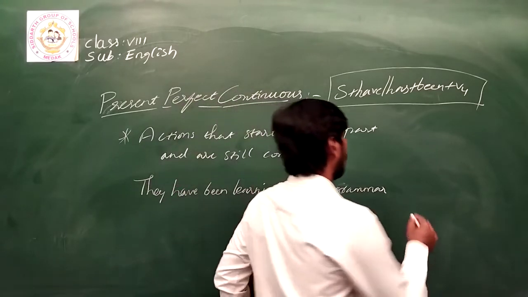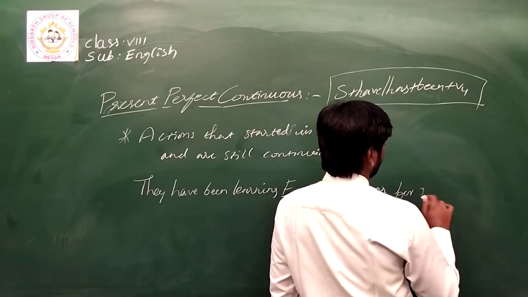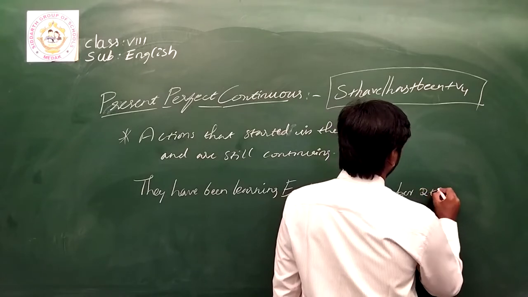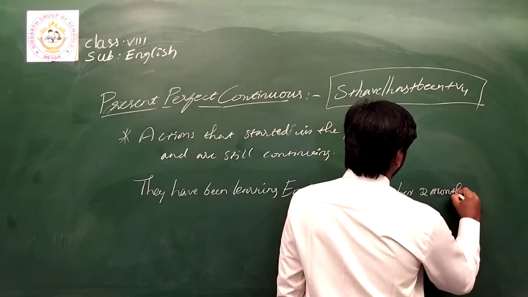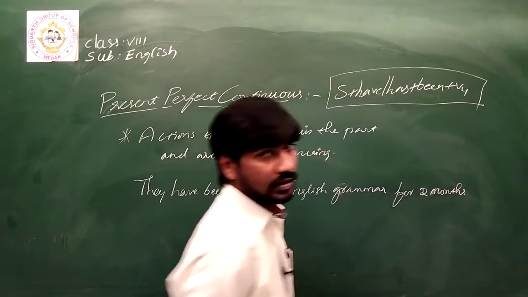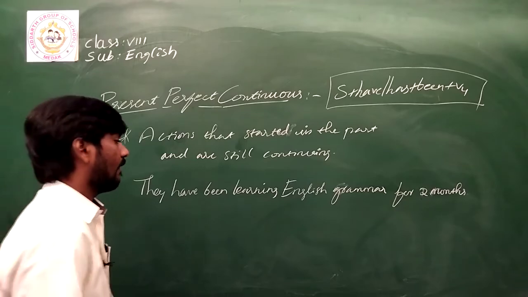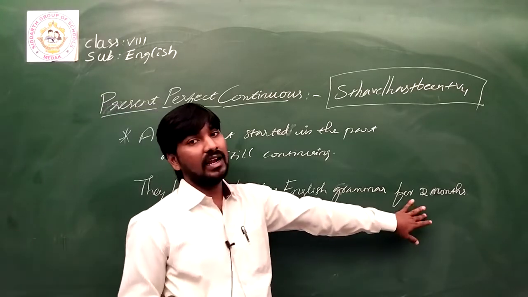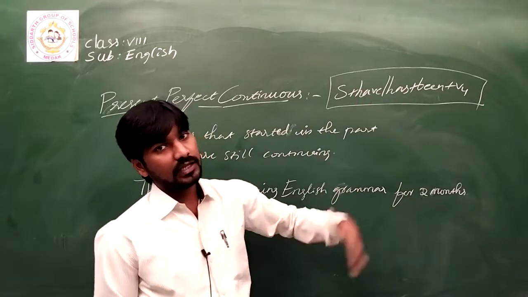Okay, for 3 months. How many months? Okay, for 2 months. For 2 months. Right? Means they have started learning grammar from 2 months. Still it is going on.